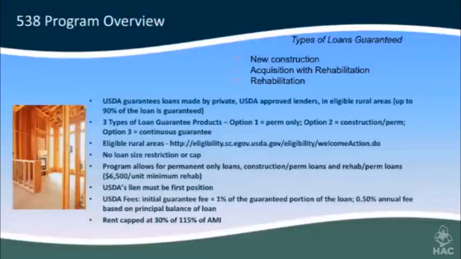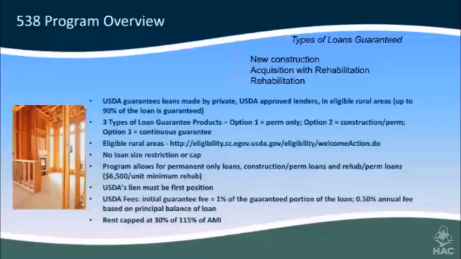We do offer loan guarantees for new construction, for acquisition with rehabilitation, or for rehabilitation for stay-in owners. So they do not have to be Section 515 properties to qualify for rehabilitation. We will guarantee loans made by private USDA approved lenders in eligible rural areas, and up to 90% of the loan is guaranteed.